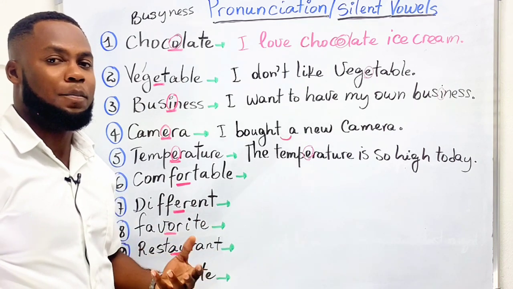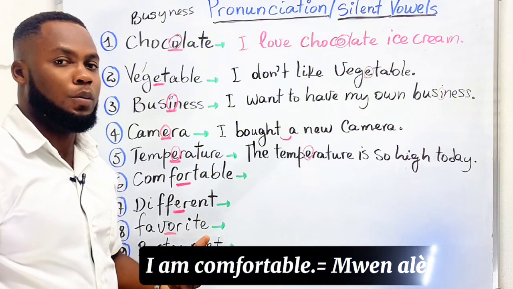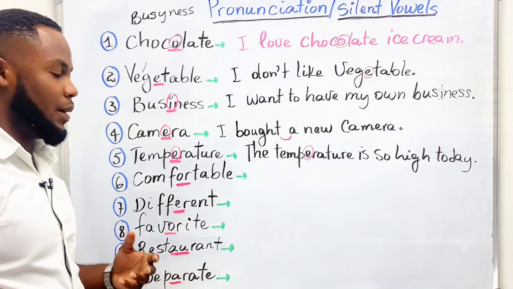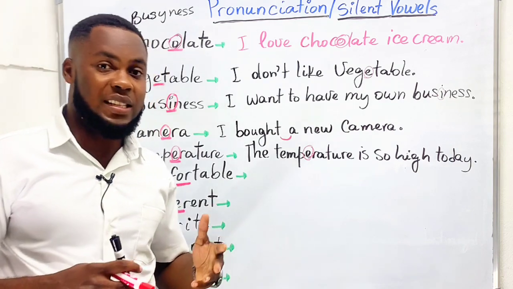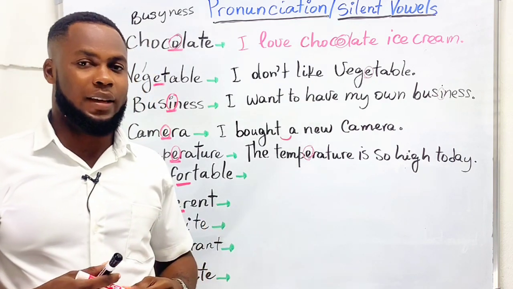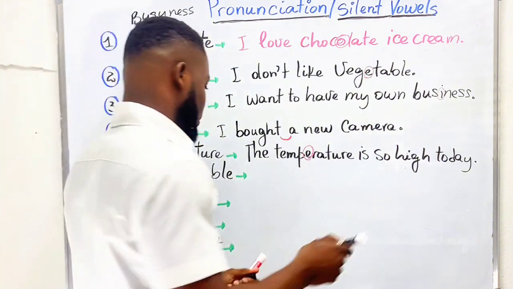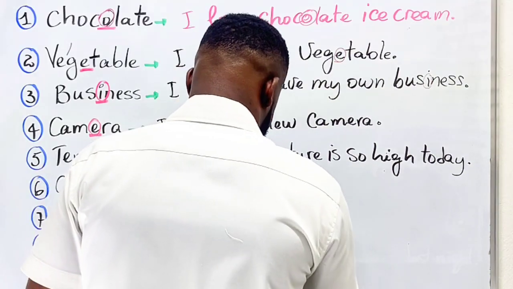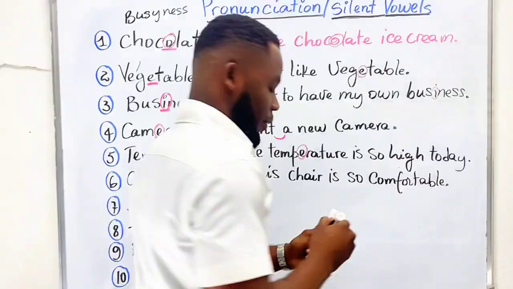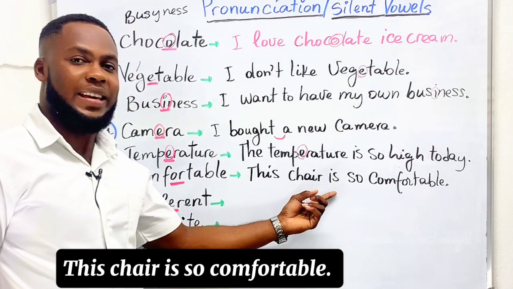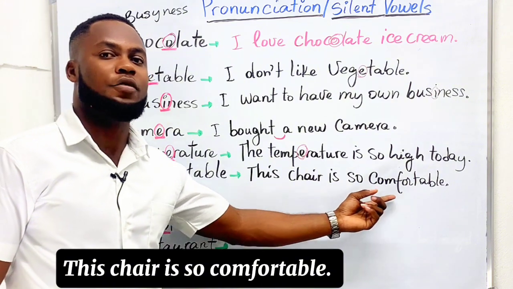Comment dire moi confortable? I am comfortable. Okay? Par exemple, si je dis, wow, cette chaise est vraiment confortable. Okay? Comme je dis cette chaise est vraiment confortable, je dis, I say this chair is so comfortable.